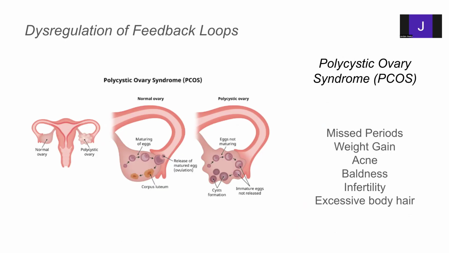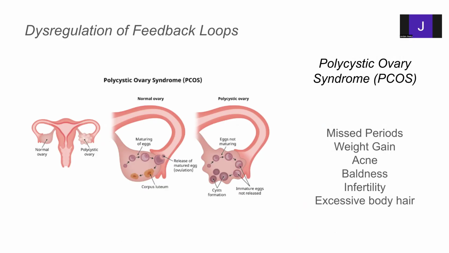Hormonal imbalances between LH and FSH can be seen in disorders such as polycystic ovary syndrome, otherwise known as PCOS. In PCOS, LH levels are abnormally high and FSH levels are low. This creates a disruption in the normal hormone balance.